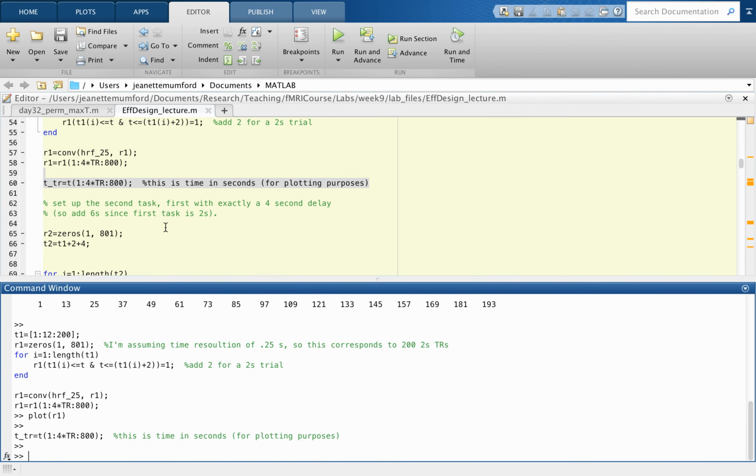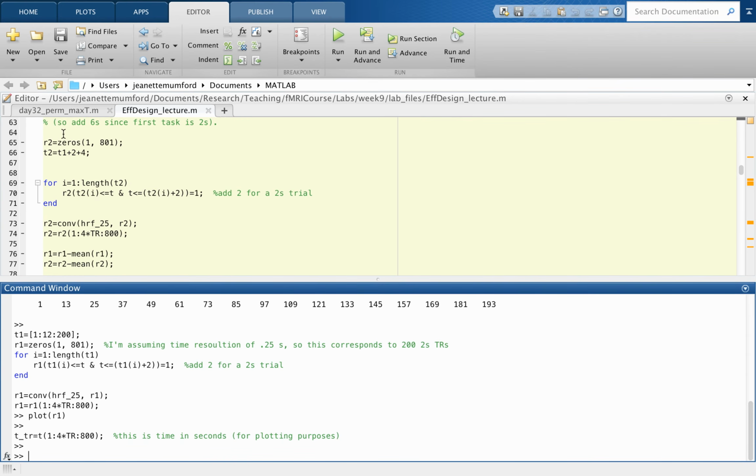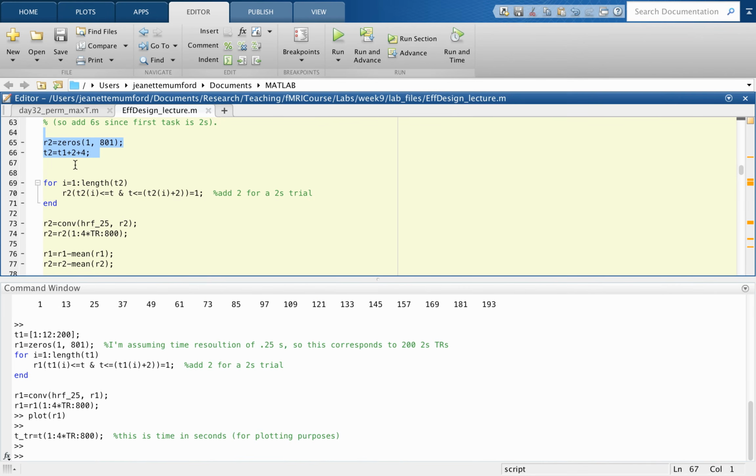Now I'm going to create the other regressor, which is for the response stimulus. So start with a vector of zeros again. The times, remember, we said you just add 2 and then add 4. So this vector will be the times for the response stimulus, and then the same thing for convolution.